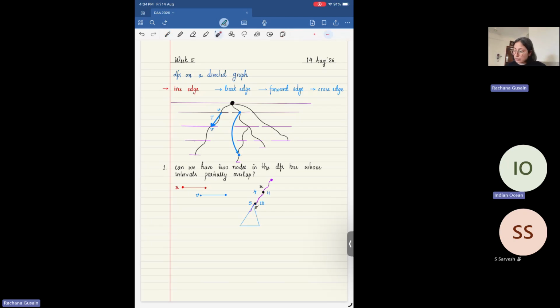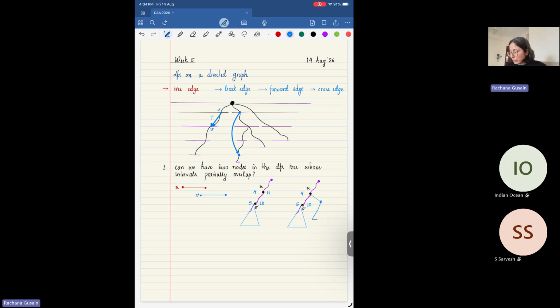But the other possibility is that there still are nodes which are adjacent to U and have not been explored yet. In that case, I'm going to fully explore that node and some subtree of that node.